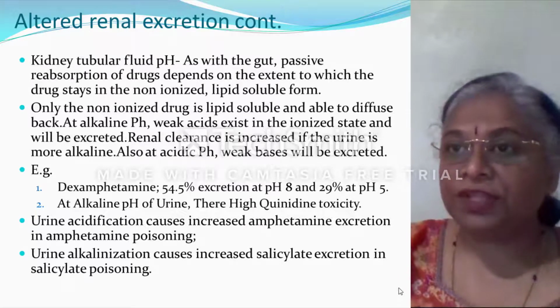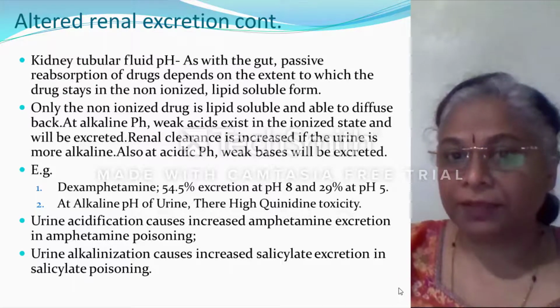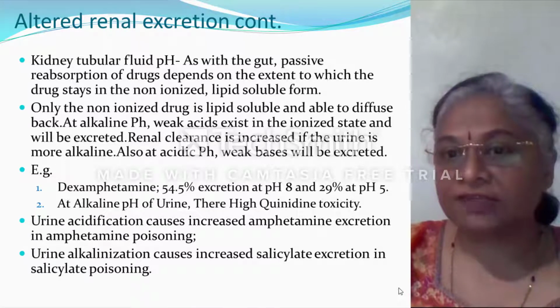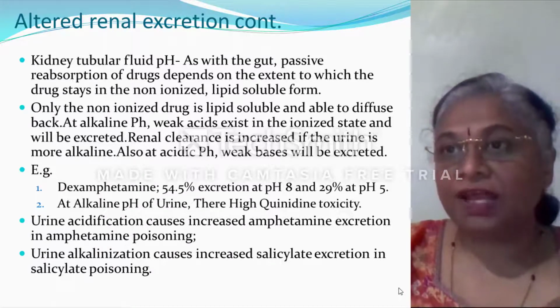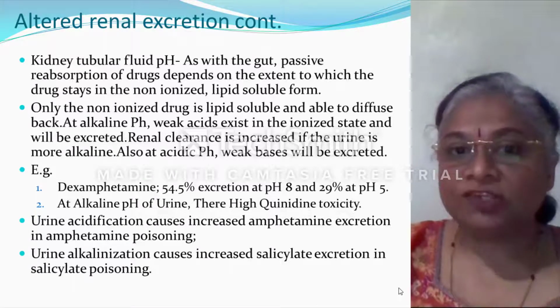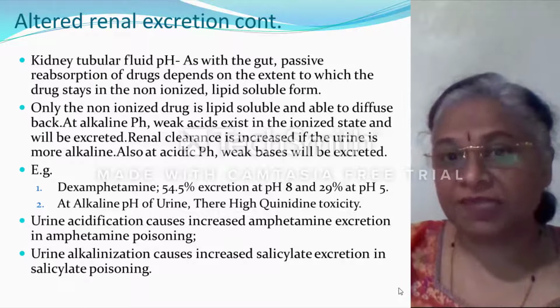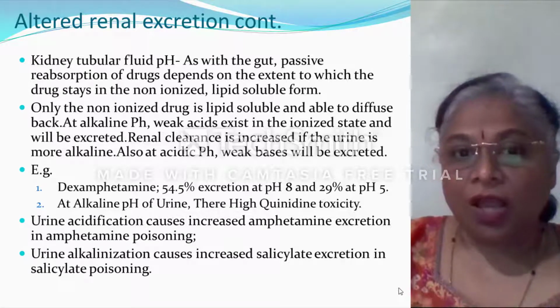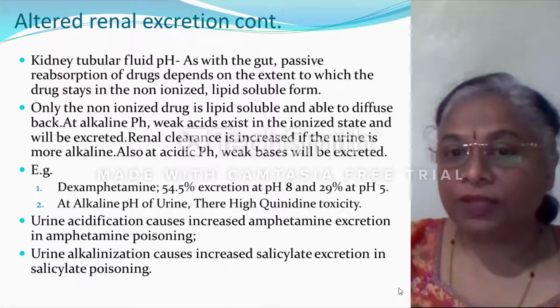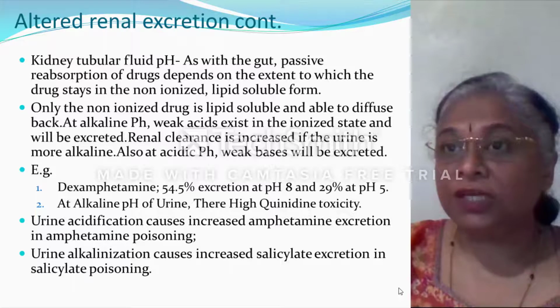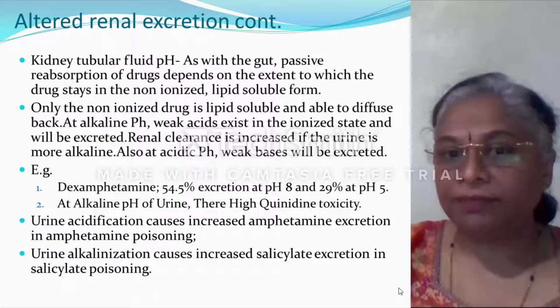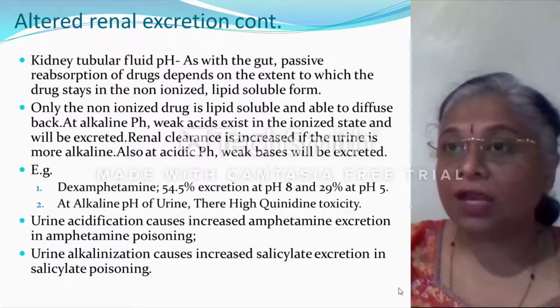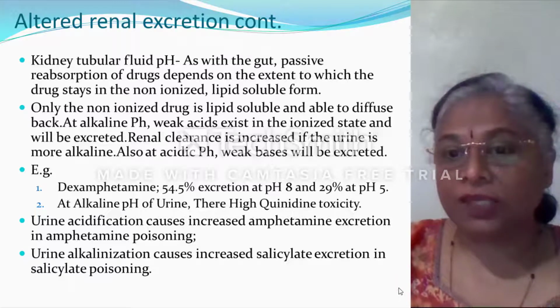Here I have given the example of dexamphetamine, where excretion is 54.5% at pH 8, whereas you can see only 29% at pH 5. Because dexamphetamine is weakly basic in nature, at alkaline pH of urine, even high quinidine toxicity can occur. Urine acidification can cause increased excretion of amphetamine, whereas urine alkalinization can cause increased excretion of drugs like salicylates.